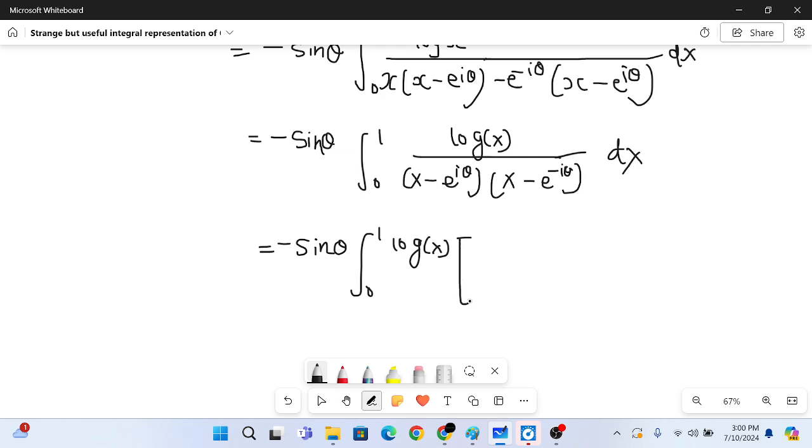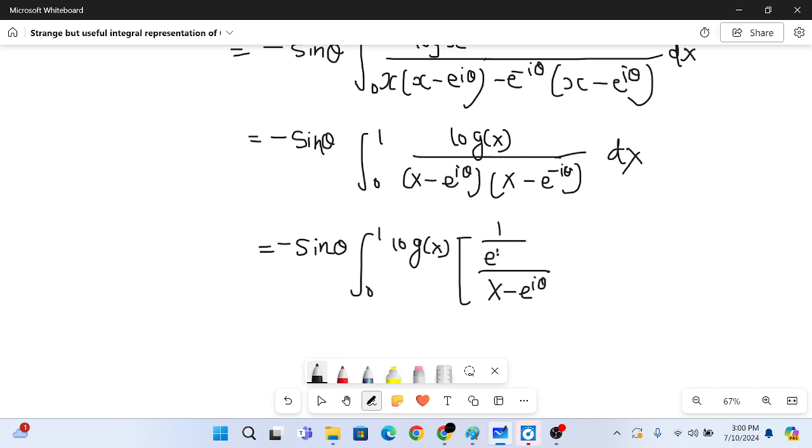Now while finding the coefficient for x minus e to the power i theta, I will just substitute e to the power i theta everywhere except this one. So I'm just ignoring log x for now because we are just doing partial fractions for this expression. So except the expression other than this one, I will put e to the power i theta.